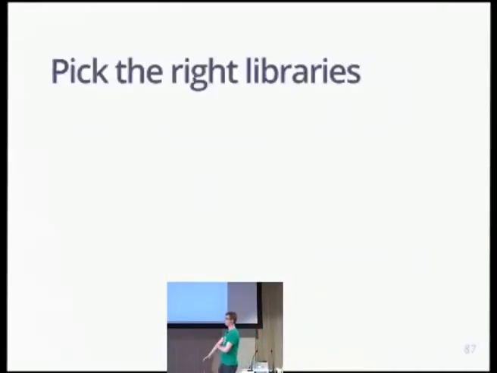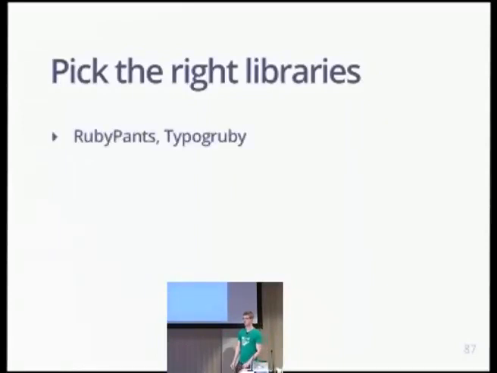If you care about speed, then you should pick the right libraries or pick the right filters. So, for example, if you think that having smart quotes is a good thing, then excellent. And you can use RubyPants, which is a Ruby port of SmartyPants, if that rings a bell. Basically, those libraries, RubyPants and Typogruby, make your quotes smart and produce proper ellipses, etc. But Typogruby is more than RubyPants, and they are both slow.